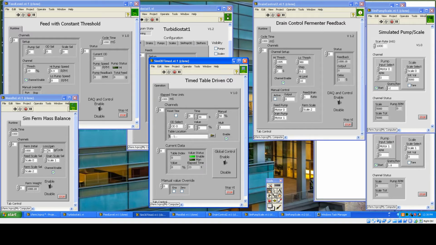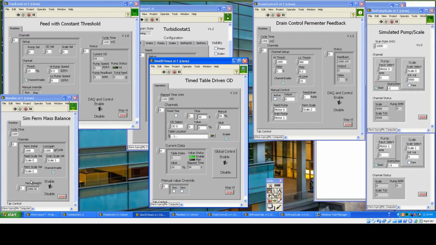This loss or gain in grams per cycle, 0.005 grams per cycle, that's 1/3 of a gram per minute. That's a fairly low loss or gain, but we expect it to be small compared to our feed and drain speeds. So now we're up to 10, and remember the threshold is 20, so we have to exceed 20 for the pump to come on.